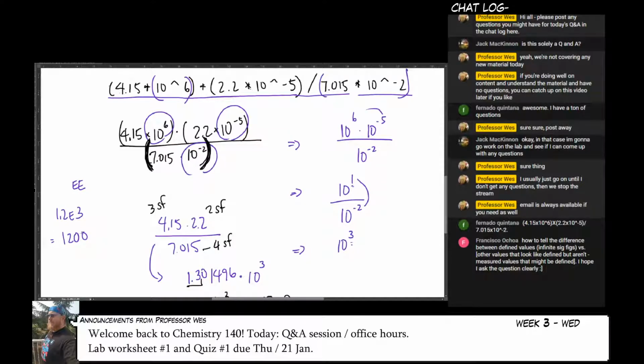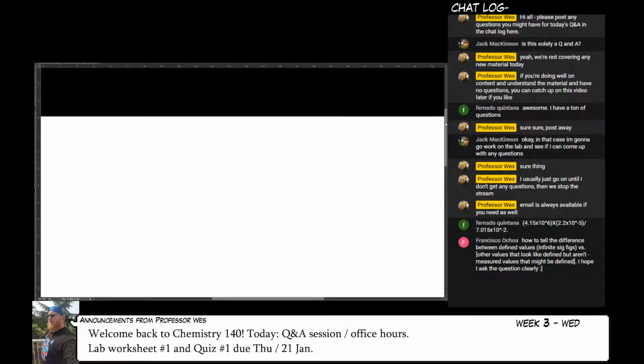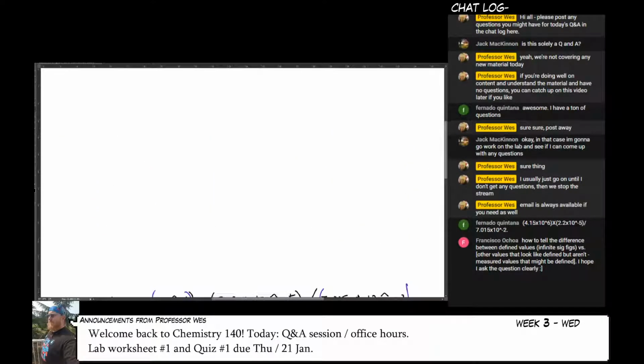Next question. How to tell the difference between defined values, infinite sig figs, versus other values that look defined but aren't? That's really difficult, to be honest. In this class, what I would normally do is give you a formula sheet that has all of the definitions available.